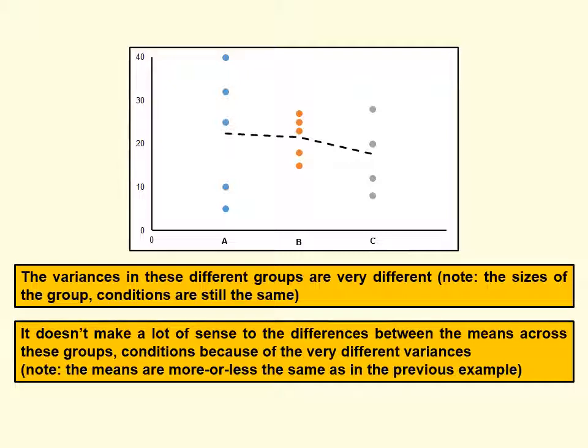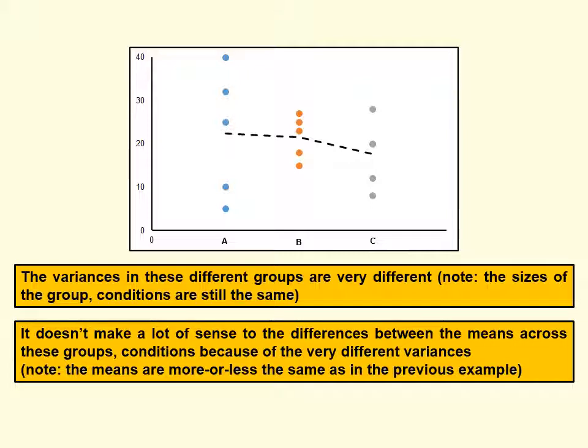I mean, you could run a repeated measures ANOVA if this was a dependent design, or if it was an independent design, you could do an ANOVA, but the radical difference in variances might make it really difficult to interpret whether the fact that the mean seems about the same in group A as compared to group B is a meaningful conclusion, or it's just due to the fact that group A has this very, very wide variance and group B has this very, very narrow variance.